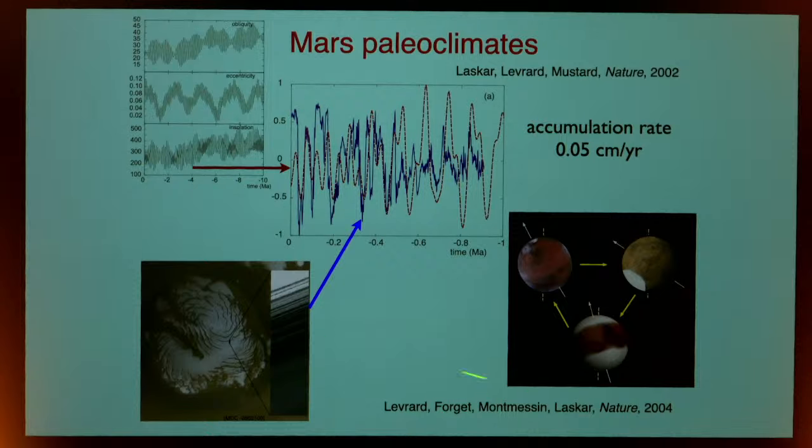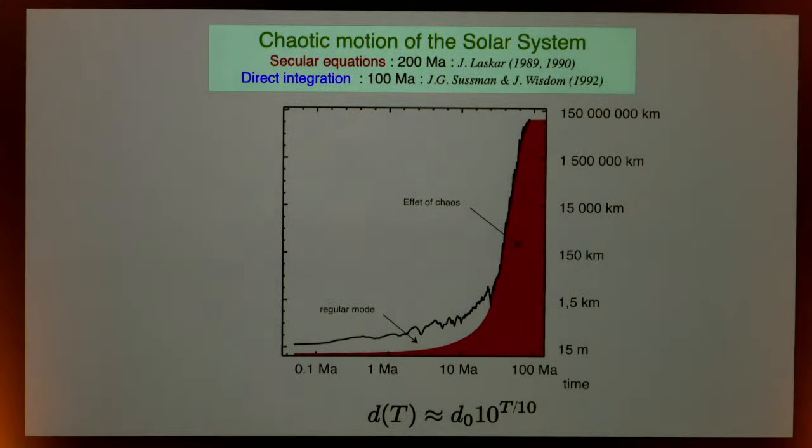And this is how we also elaborated some models trying to explain the evolution of ice on Mars. But the important limitation is the fact that the orbits of the planets in the solar system are chaotic, and that was found almost 35 years ago.